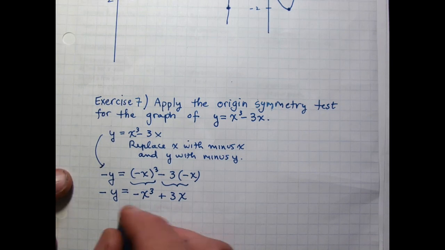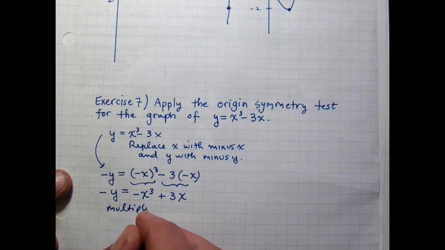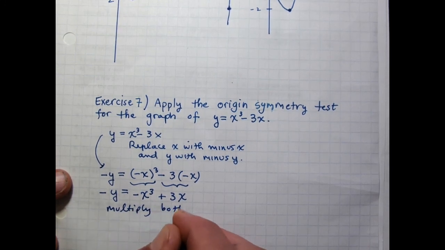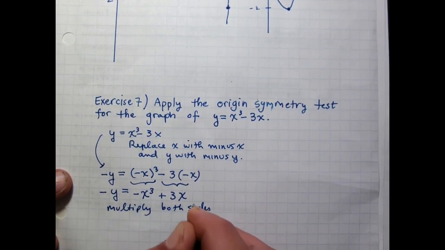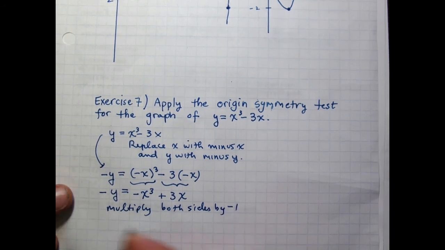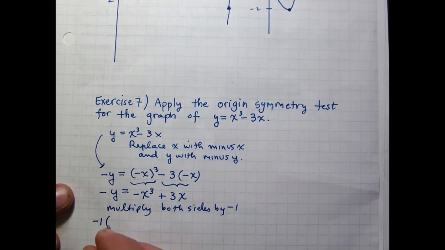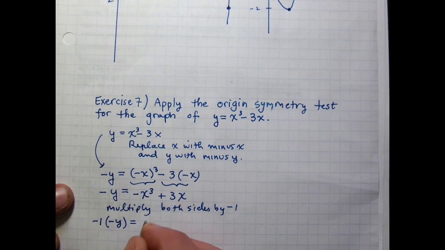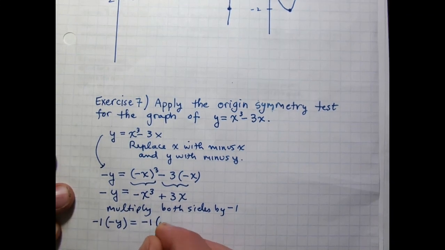Here I'm going to multiply both sides by -1: -1 times -y, and -1 times (-x cubed plus 3x).